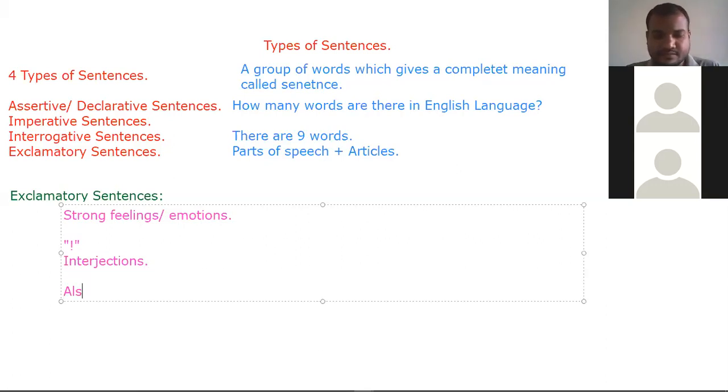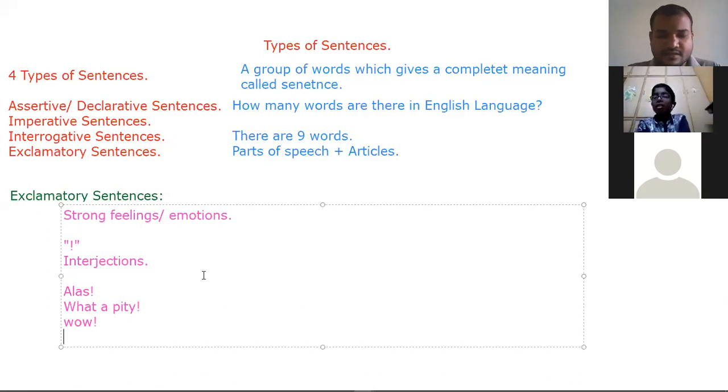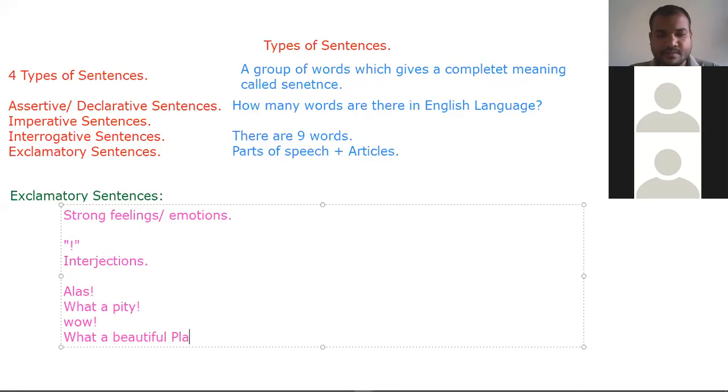For example, alas, what a pity, whoa, what a beautiful place it is. Like this. Alas is an interjection.